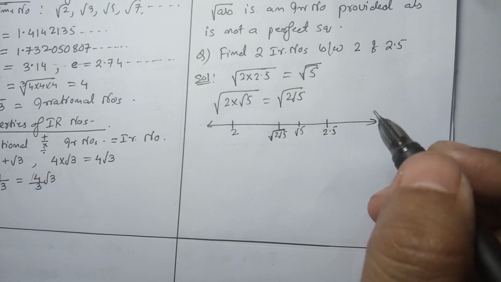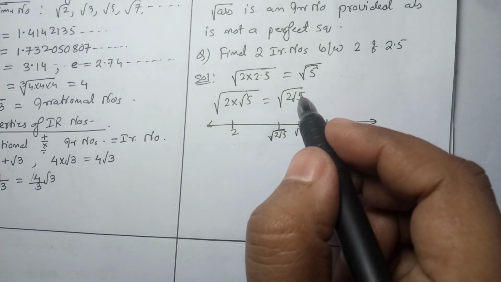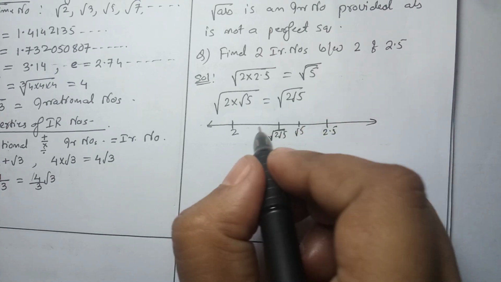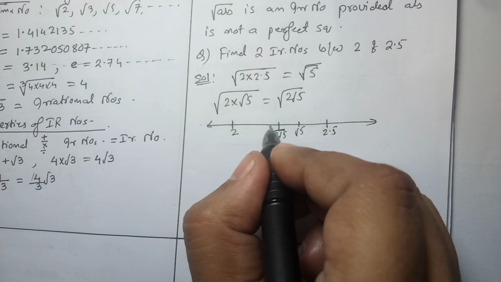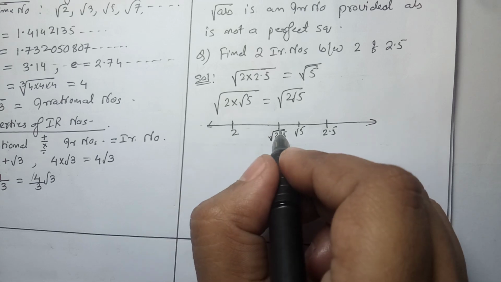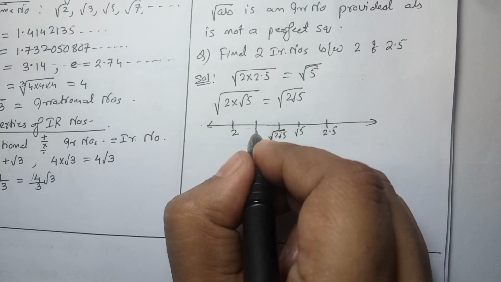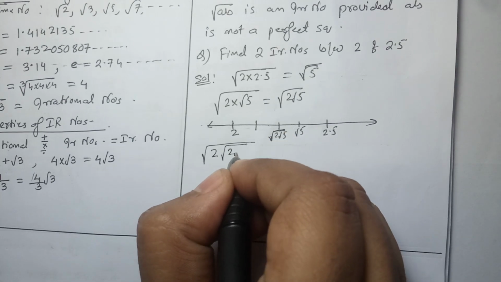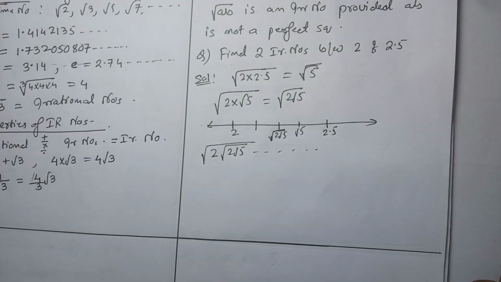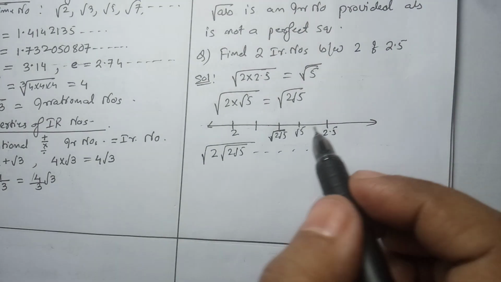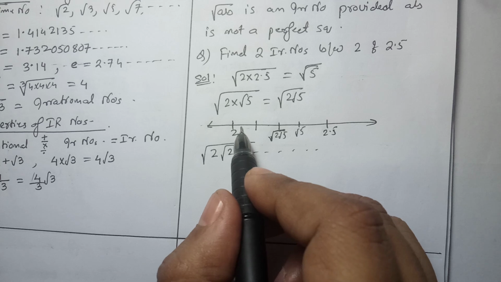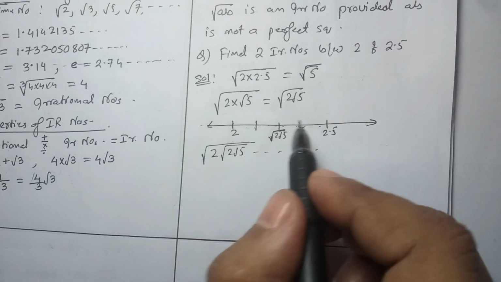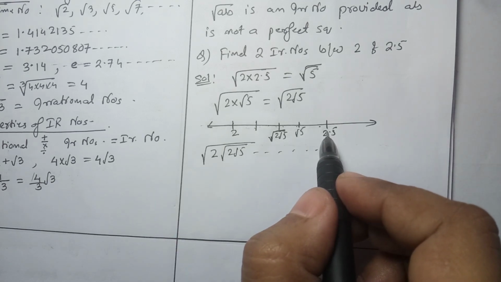And again, if I want to find an irrational number between this and this, I can take the square root of 2 root 5 into root 5, which is root 10, and it will continue like this. So we can say that there are uncountably infinite irrational numbers between two rational numbers.